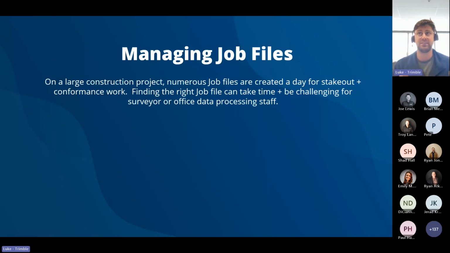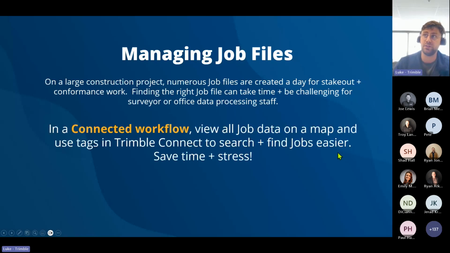But especially after a year of jobs in the same project, it can become difficult to find what jobs are relevant to what area of the project you're working on, or if there is an issue with a certain manhole, it's hard to figure out what job related to that data. In your connected workflows, you can see all of the job data within a project, visualized on a map, and you can use tags to organize that data and make it easier to find those jobs.